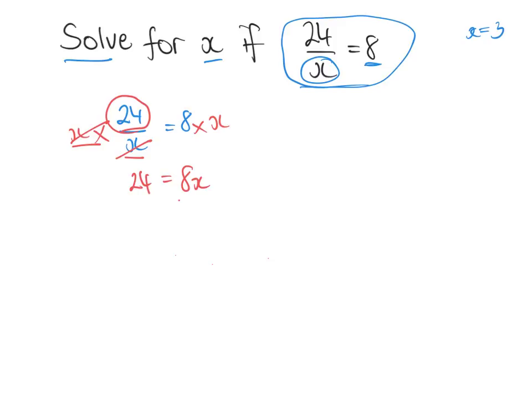Now, if we were to then divide both sides by 8, because this is times by 8, and divide by 8, they're opposites and will cancel out. So that'll give us just x on its own. And 24 divided by 8 is 3.